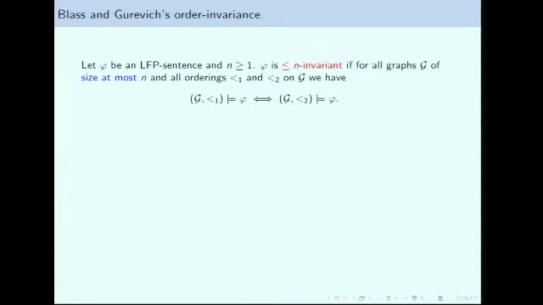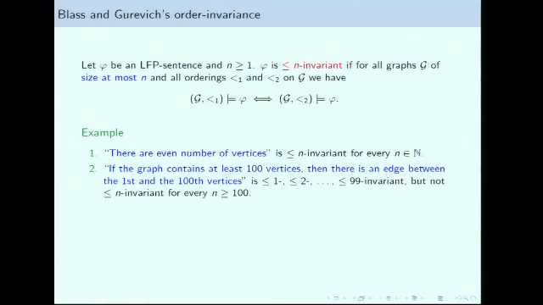So clearly this is decidable because we can simply enumerate all possible graphs. As an example, there are an even number of vertices is less or equal n invariant for every n. In fact, it's order invariant. The second property, if the graph contains at least 100 vertices, then there is an edge between the first and the 100th vertices.